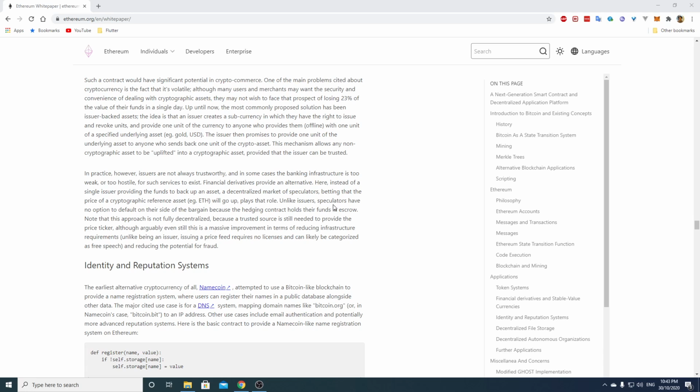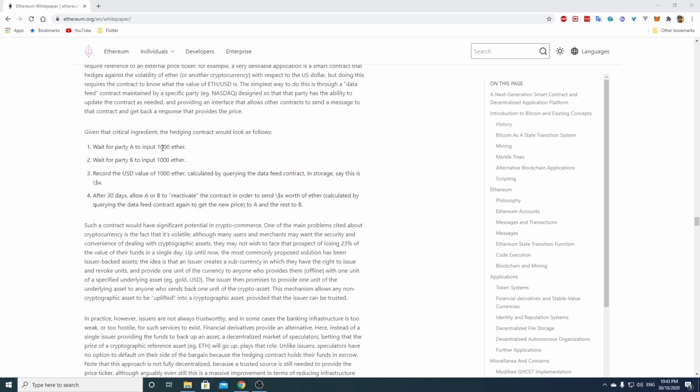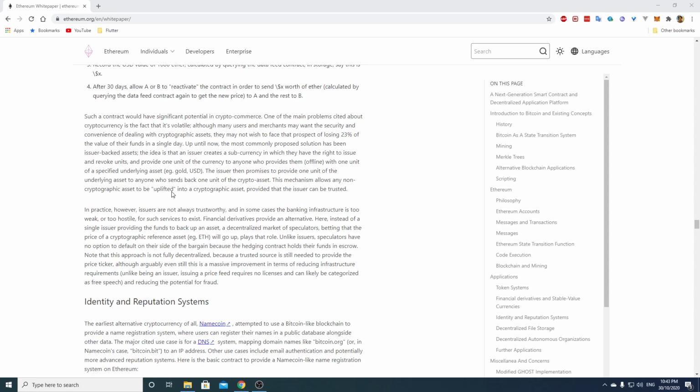Unlike issuers, speculators have no option to default on their side of the bargain because the hedging contract holds their funds in escrow. Okay, that's why each guy puts in 1,000. So depending on whether it goes up or down, one guy is going to be winning and the other guy will be losing.